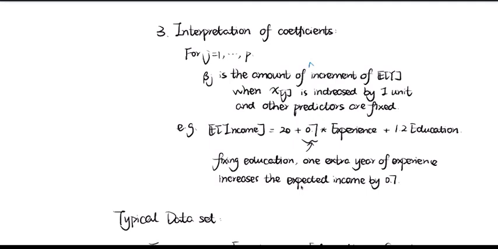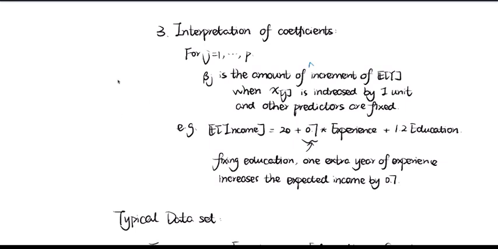And after estimating the parameters, if everything is good, then we need a way to interpret the regression coefficients. Now, for instance, if I have more than one independent variable, maybe I'm looking at the effect of years of education and years of experience on income.